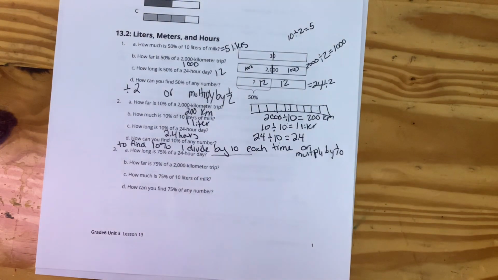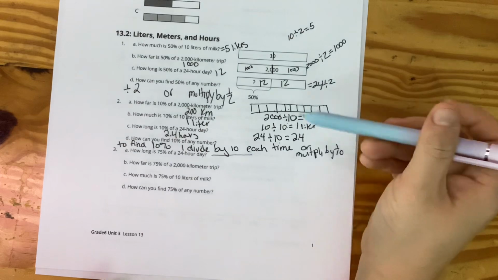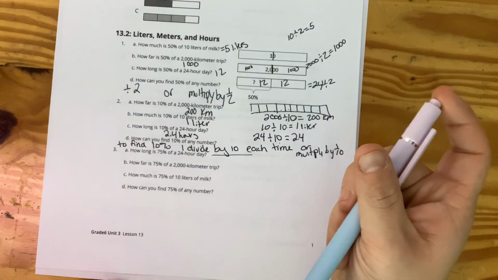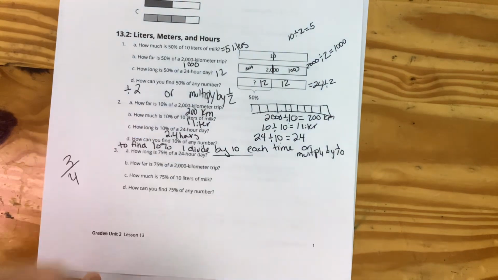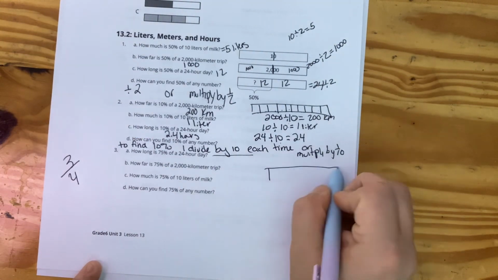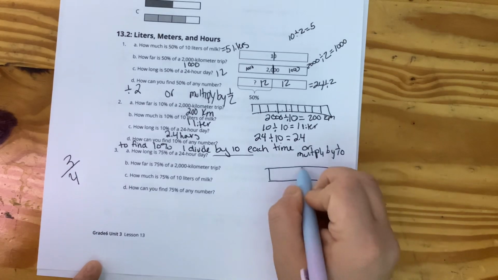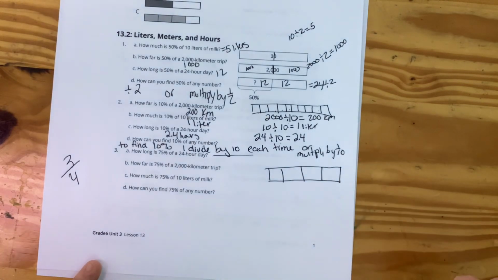Now, this one is a little trickier because 75% isn't quite as easy as 10% or half, 50%. 3/4 is the equivalent fraction, so we're going to chop up this tape diagram into fourths.